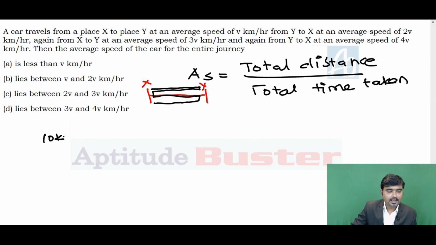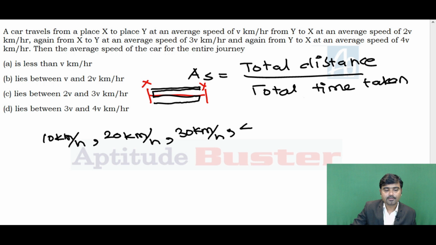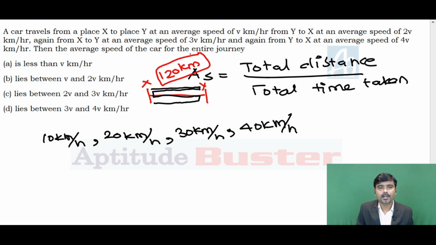I'll take V as 10 km per hour, then 2V is 20 km per hour, then 3V is 30 km per hour, then 4V as 40 km per hour. And one more thing, I am going to assume the distance is 120 km. Why did I assume 120 km? That's very simple. 120 is divisible by 10, 20, 30, 40.